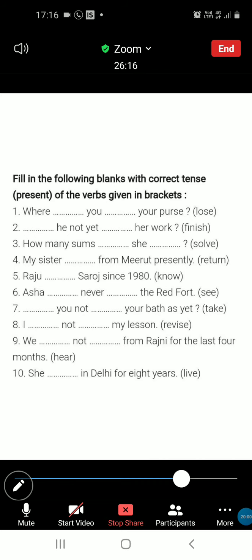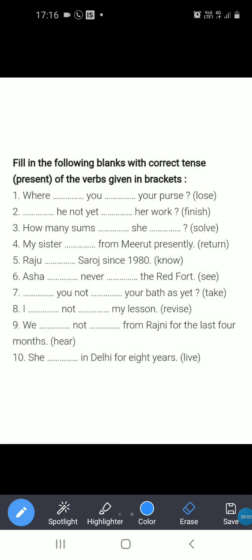Now see the exercise. Where, so here we will use have.